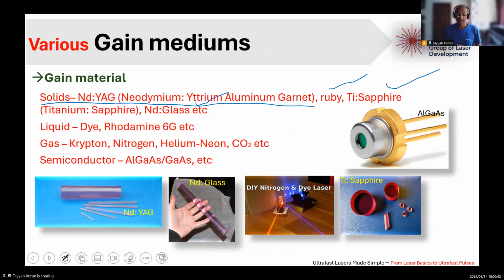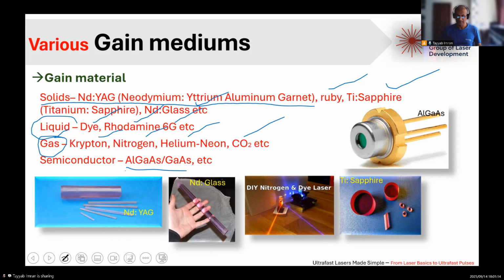In liquids, we have dye such as rhodamine 6G. And in gases, we have krypton, nitrogen, helium-neon laser, carbon dioxide, etc. There are so many. Semiconductors, aluminum gallium arsenide, and some other materials. All these are gain mediums, just for you to know.